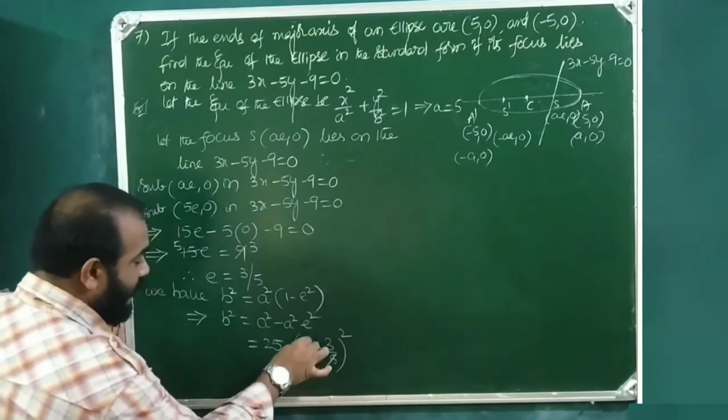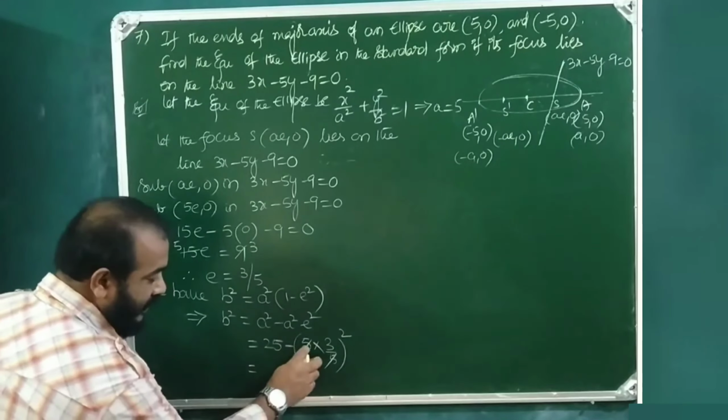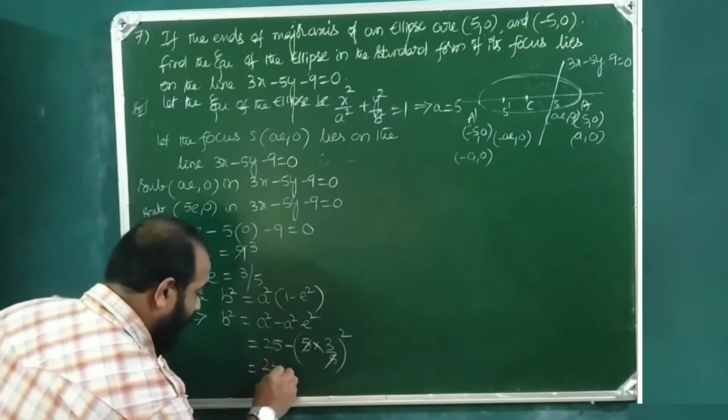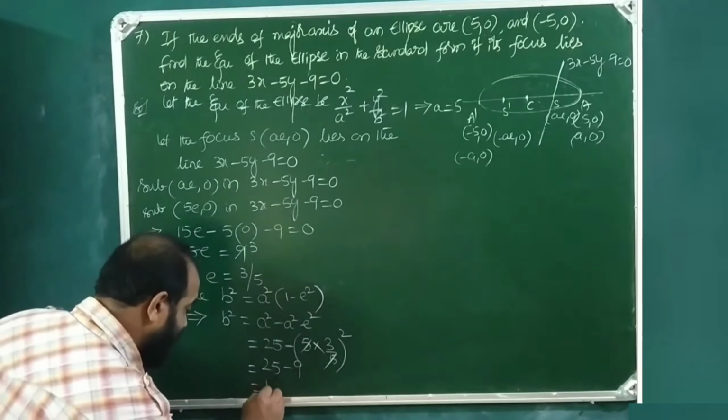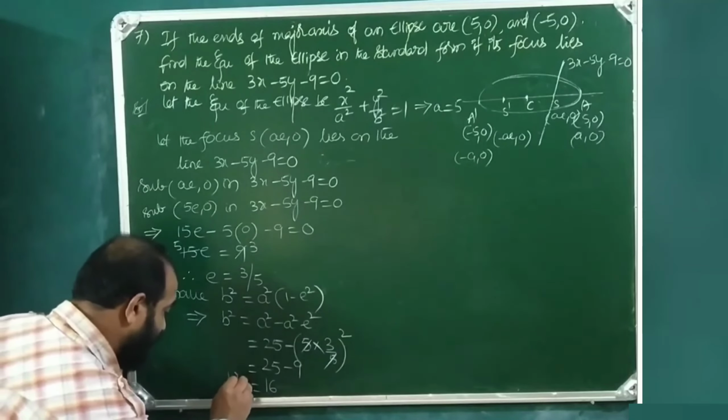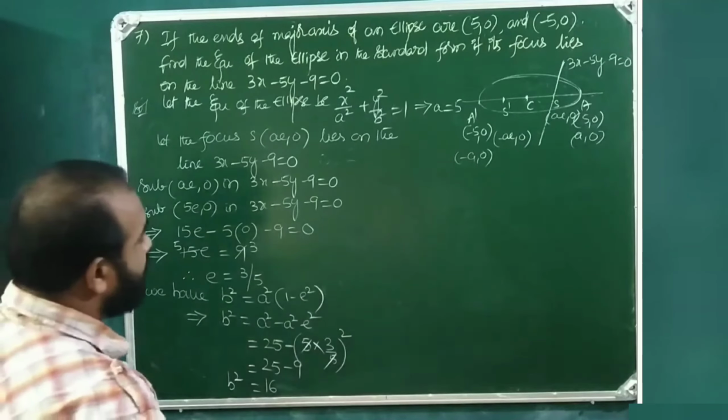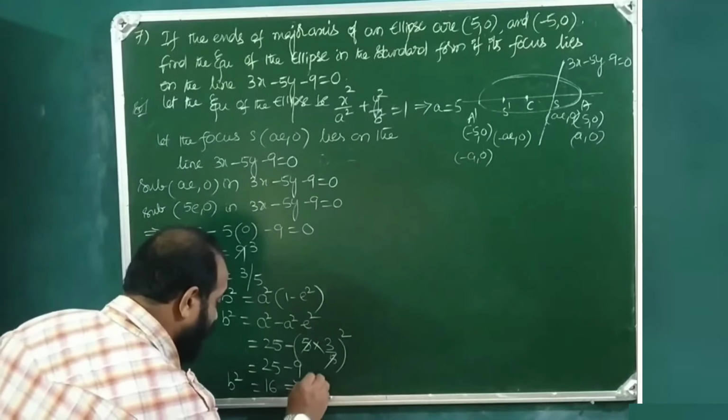So 5 square, the 5 gets cancelled: 25, minus 3 square which is 9. 25 minus 9 is 16. So b square equals 16, so b equals 4.